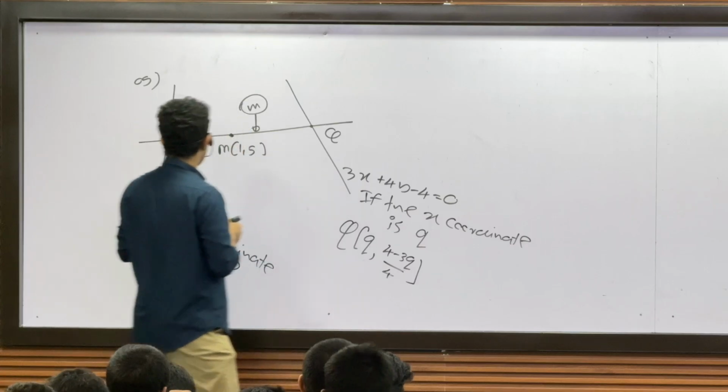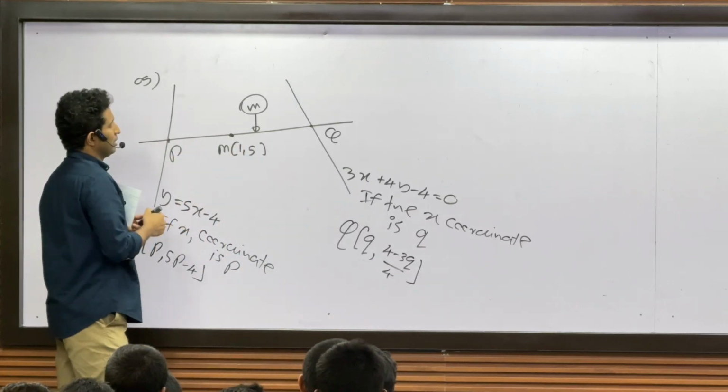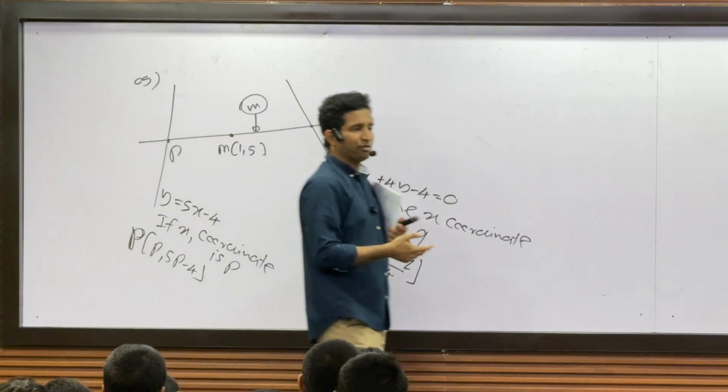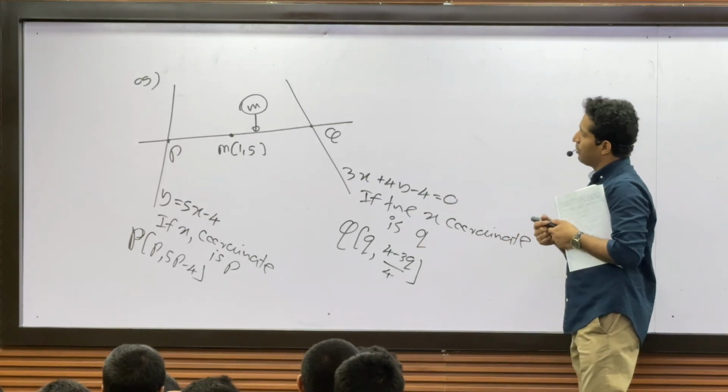Now they have given the gradient of PQ is m, so the gradient of PM is m and the gradient of MQ is m.